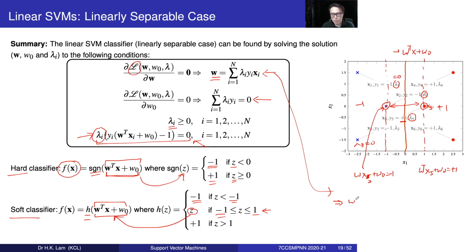So W will be, according to this equation, lambda 2 y2 x2 plus lambda 5 y5 x5. That is W. For all the rest of the sample points, the lambda is 0.